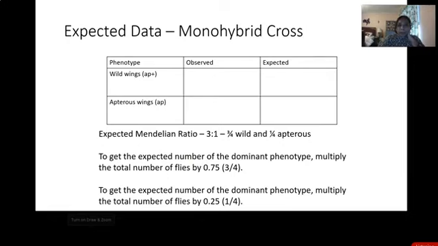I'm trying to find my cursor again. It refuses to come back. Oh well. So let's look at that. Our observed numbers have gone away.